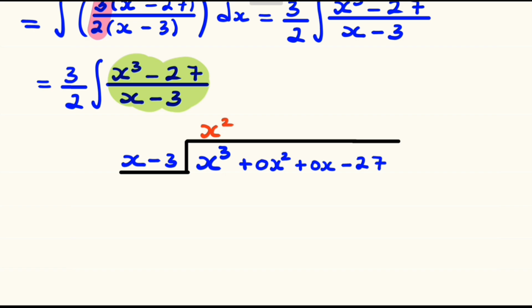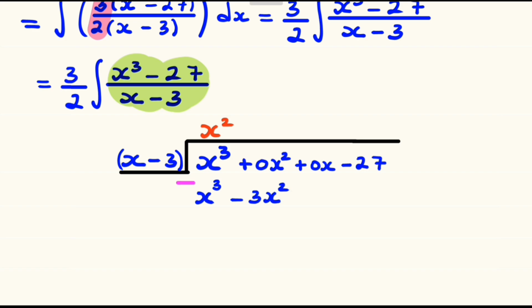We take the very same x squared, we multiply it with the x minus 3. So x squared multiplied by x will be equal to x cubed. X squared multiplied by negative 3 is equal to negative 3x squared.